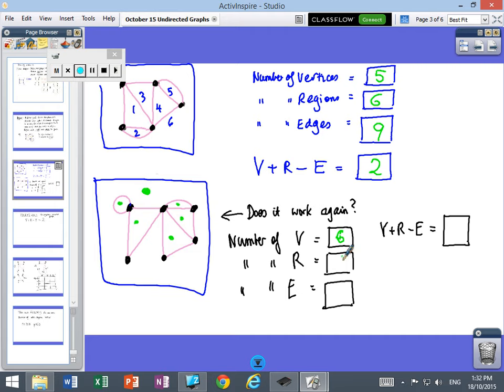So that means we end up with 6 of those as well. And then edges, 1, 2, 3, 4, 5, 6, 7, 8, 9, 10. Now, if we do the same calculation, 6 plus 6 equals 12, take away 10 equals 2. So we've ended up with 2 for both of those calculations.